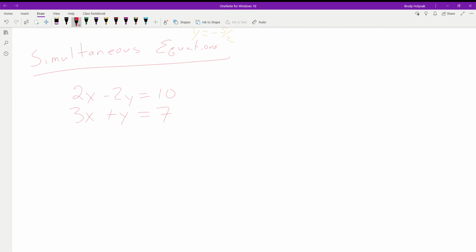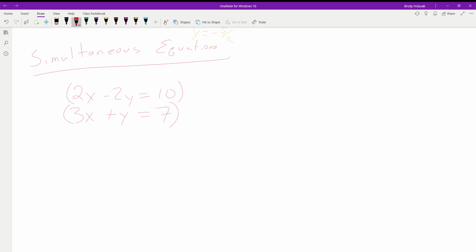So what do we need to do so that when we add these together and combine them, we get rid of the x? What's the first thing we need to have? Like terms. We need to have the coefficients be the same, with opposite polarity. So to get rid of the x's, what is the least common multiple between 2x and 3x? 6x.